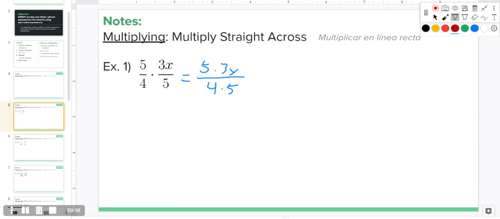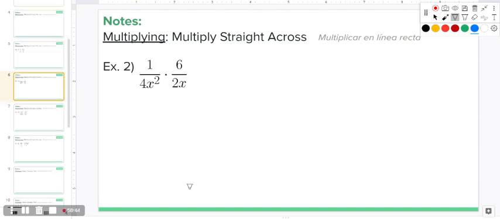Notice how we have 5 and 5 on both top and bottom, so we can cross those out and rewrite our final answer as 3x over 4. Now we want to check to see if we can simplify this further, but this is as far as we can take it down, so we can stop there for example 1.